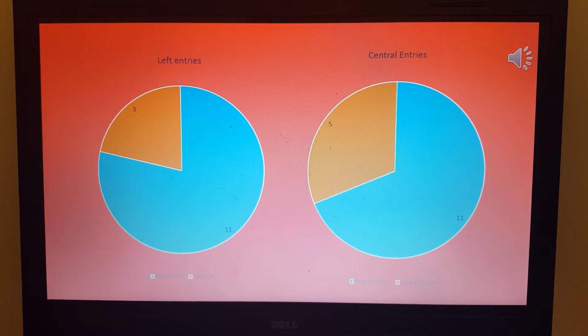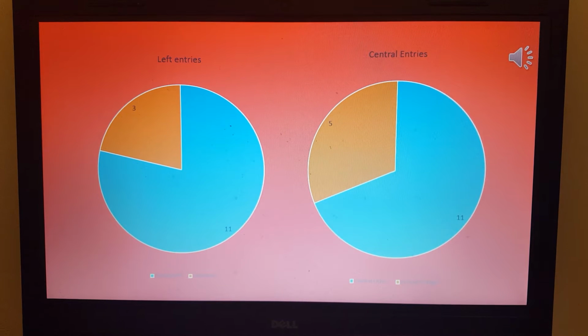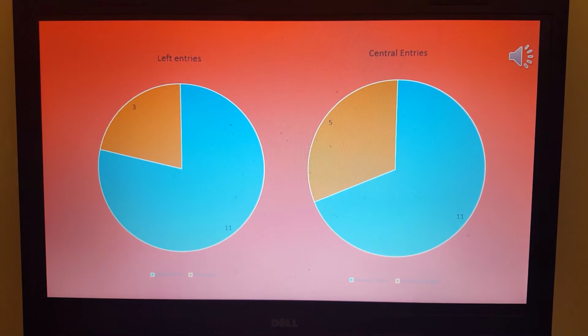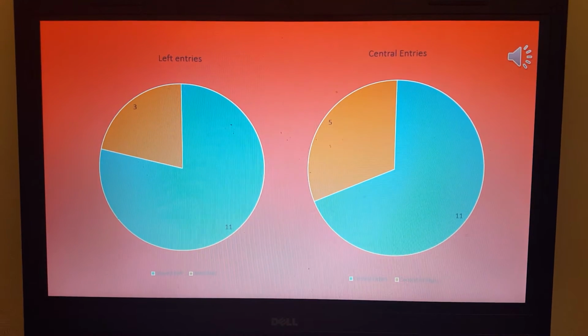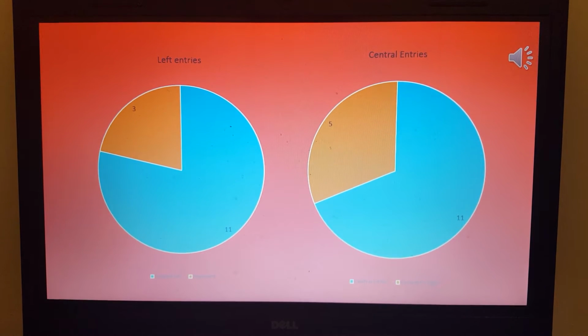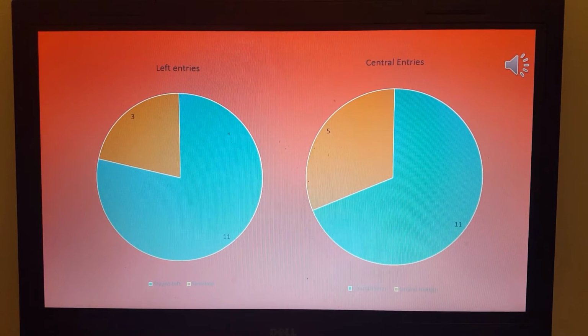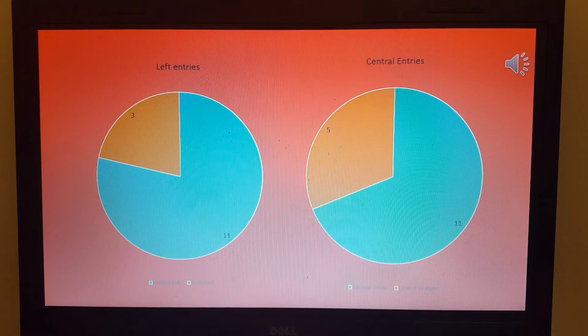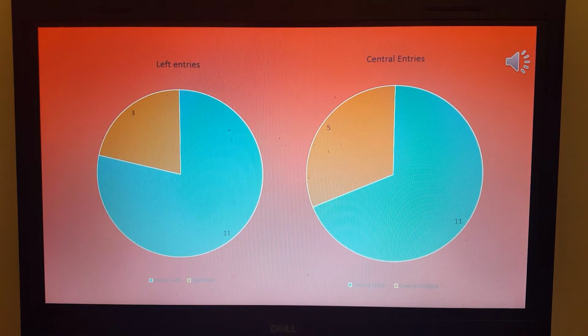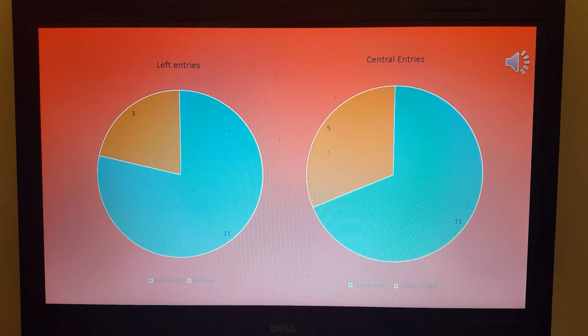Of the 14 times that they entered in the left, 3 of those times, they immediately switched the ball over to the opposite end, to the right side of midfield. Okay? And over here on the right, of the 16 times that they entered the attacking third in the center, 5 of those times the ball was played out onto the right.